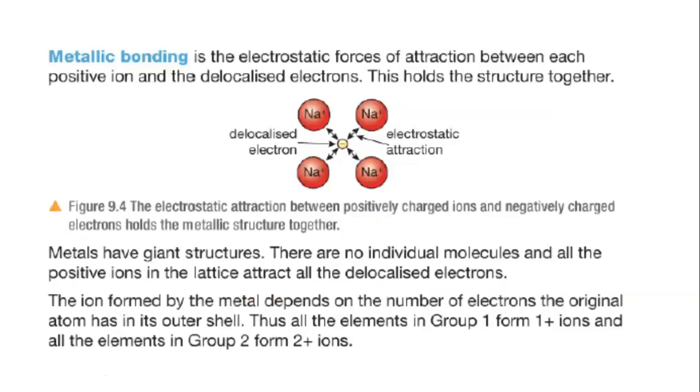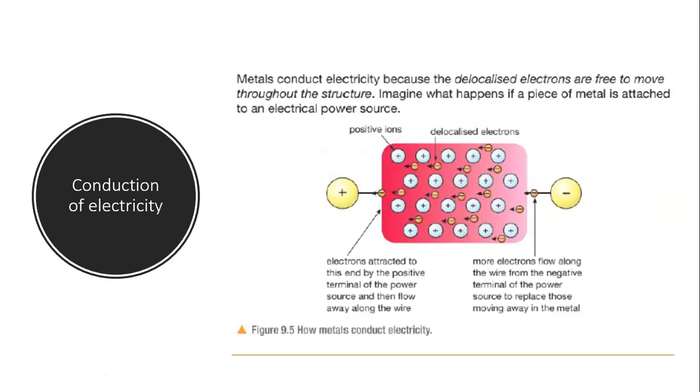So you have group 1 metals, group 2 metals, and your transition elements. Now, we already know that metals are good conductors of electricity. Why? Because the electrons are free, they're delocalized, they're easily able to move.